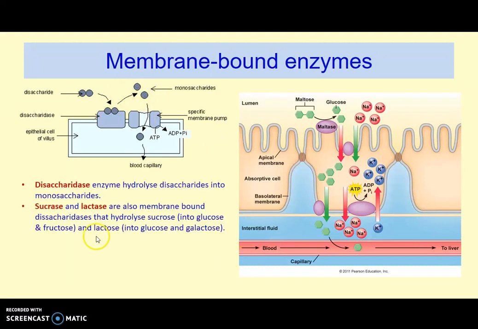Okay, now for our specification you need to know that sucrase and lactase, that are also disaccharide enzymes and membrane bound, will hydrolyze sucrose into glucose and fructose, and lactose into glucose and galactose. Again, this links in really well with your biological molecules.